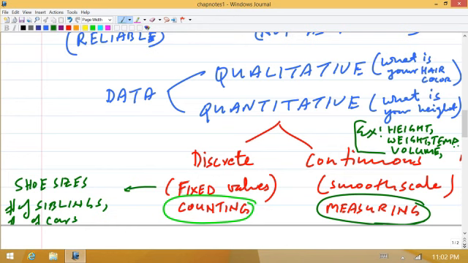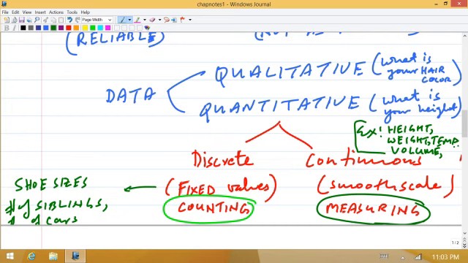On the other hand, we have continuous variables, which are on a smooth scale, and a continuous variable is basically a measuring process.